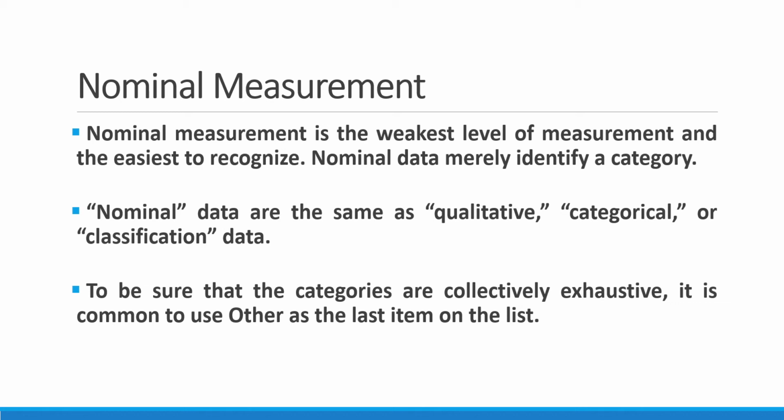We can use nominal measurement. The answer is how many females and how many males. So here we can only find the frequency of different categories inside our data.